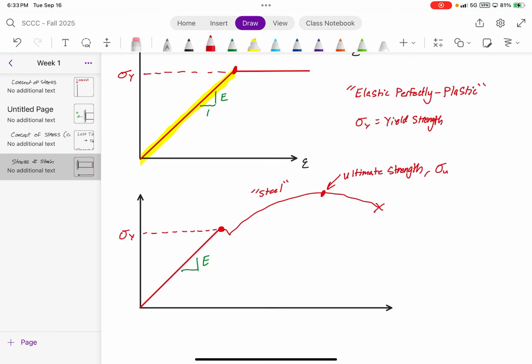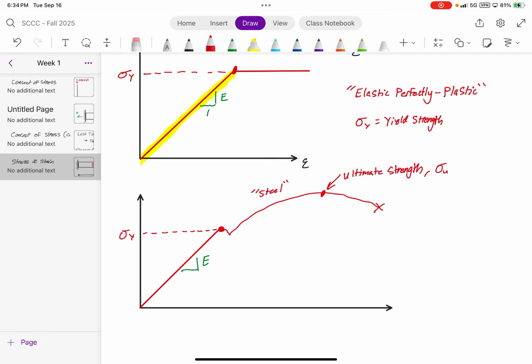So because of that, you can kind of get away with using the additional strength that's up here. This ultimate strength is also defined in your Appendix C. So you've got yield strength, which is towards this middle here, and then you've got ultimate strength, which is right next to it.